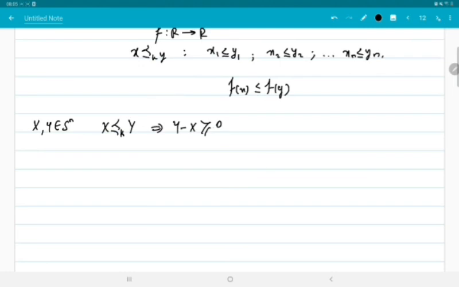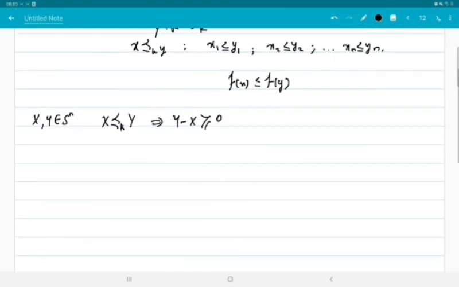Then we can define such a monotone ordering on matrices, like the function of x should be less than or equal to function of y.